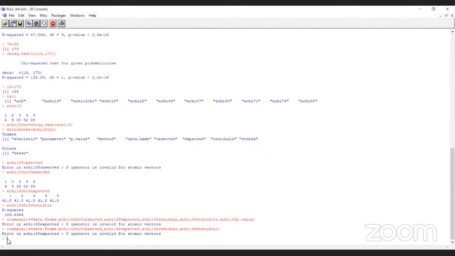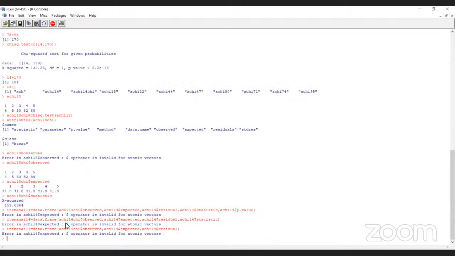Again, upward arrow. Remove statistic. Then enter, then bracket, enter. Any wrong? Any spelling mistake?